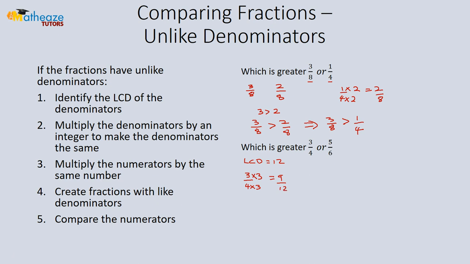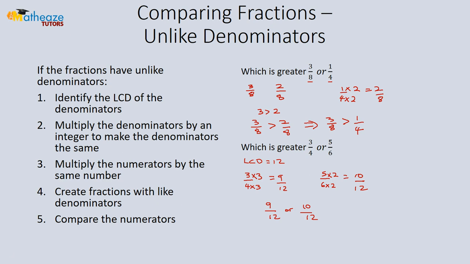What about 5 over 6? We're going to multiply 6 by 2, so we have 5 over 6, multiplied by 2, multiplied by 2. Now we have 10 over 12. So we now have, which is greater, 9 over 12 or 10 over 12?